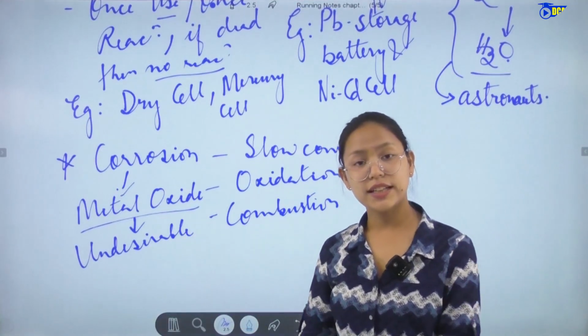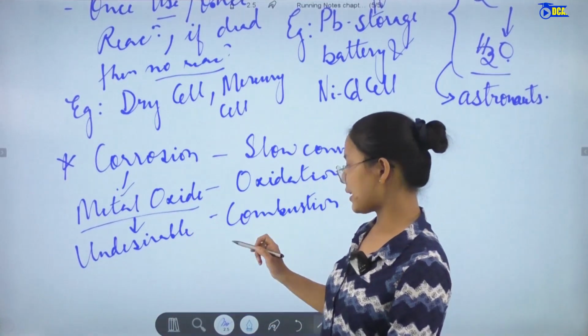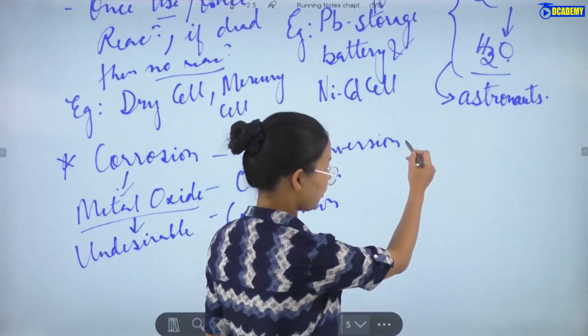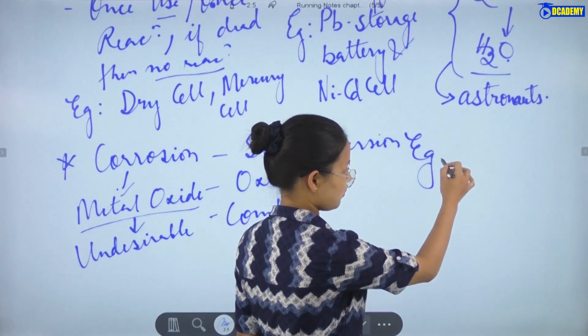The best example of corrosion is the rusting of iron.